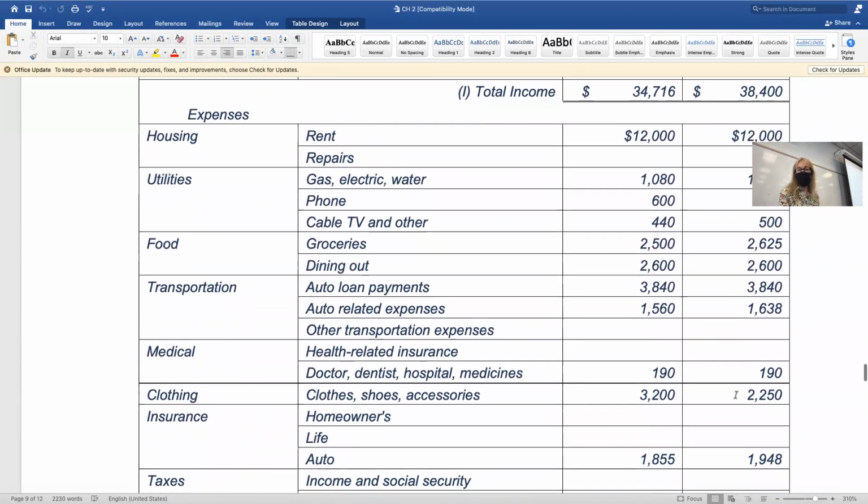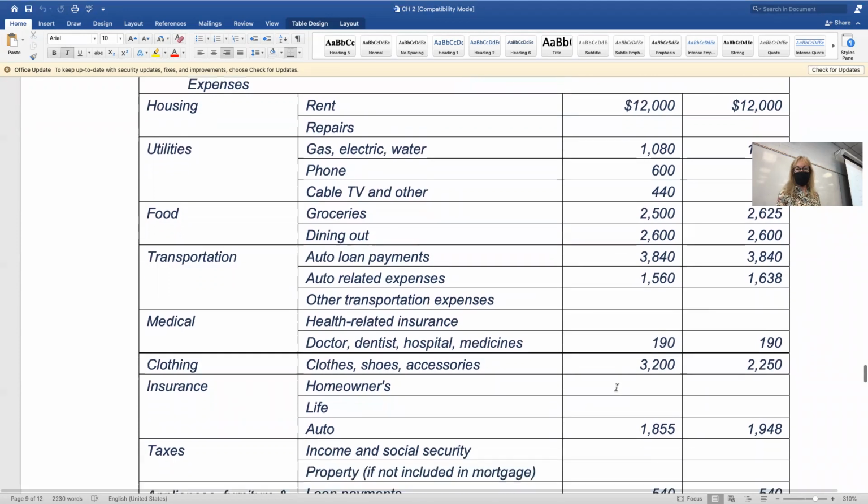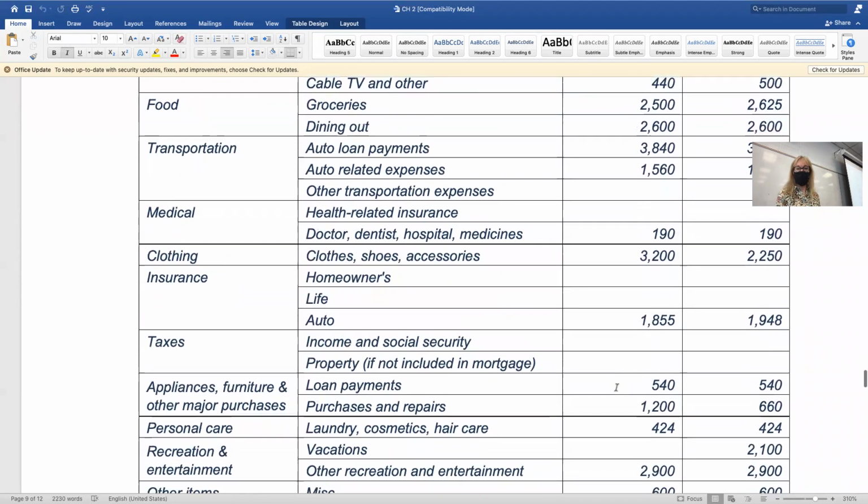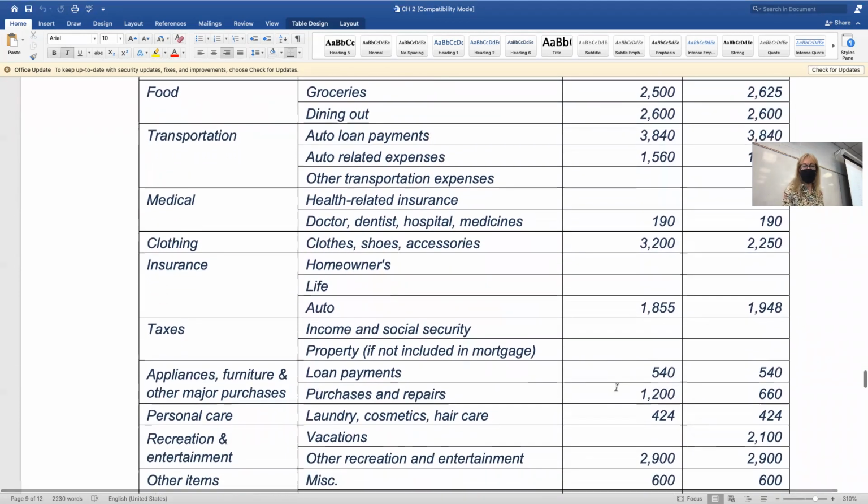Clothes, shoes, and accessories, what is 2,250? That's $187.50 a month on clothing and accessories. That's not necessary either. So there's a lot of room to cut back here.